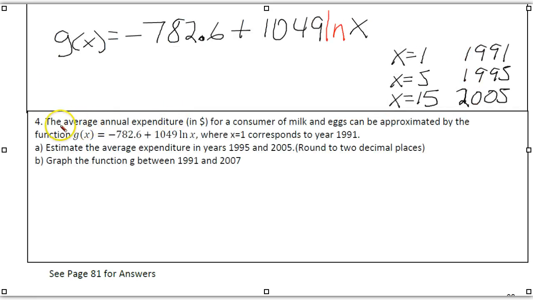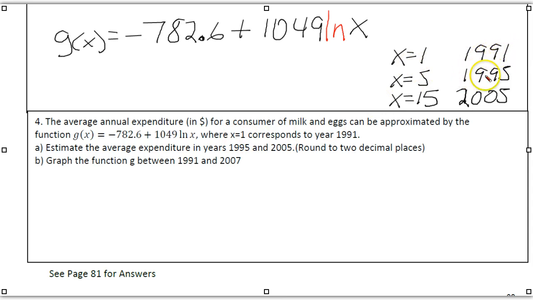So our last example here, the average annual expenditure for a consumer of milk and eggs can be approximated by this function. Again, they're including natural log there, not to get that confused as a 1 as you look at it here. Of course, it makes it clear there. Where x equals 1, it corresponds to the year 1991.